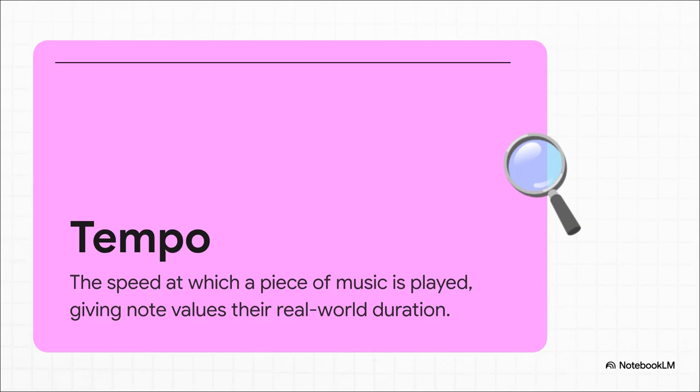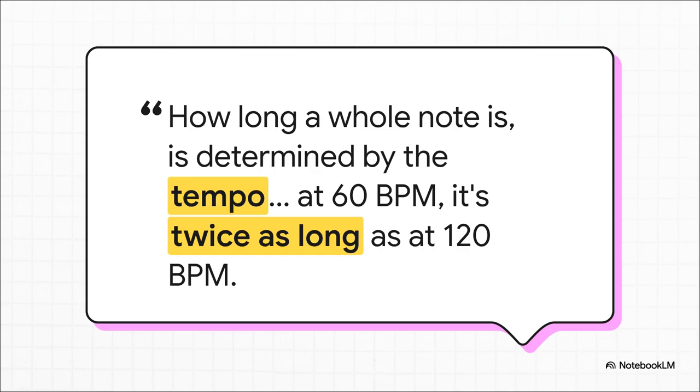It's the heartbeat, the internal clock that gives all those relative note values their actual duration in the real world. And this is the crucial part. The tempo is what determines how long a whole note actually is. For instance, like our Redditor pointed out, at 60 beats per minute, or BPM, a whole note is going to be twice as long as it is at 120 BPM. Same note, different speed, different actual duration.